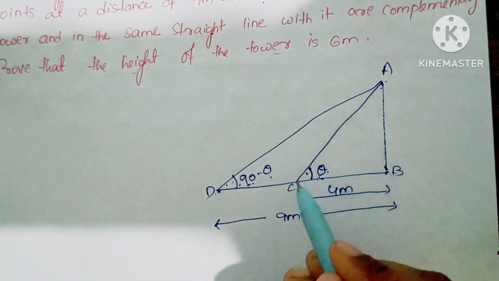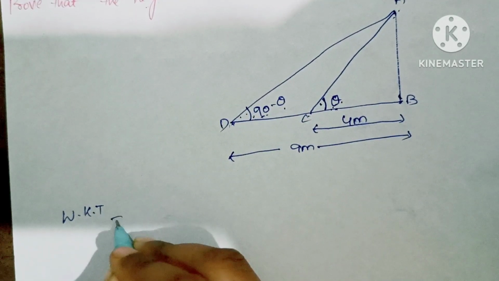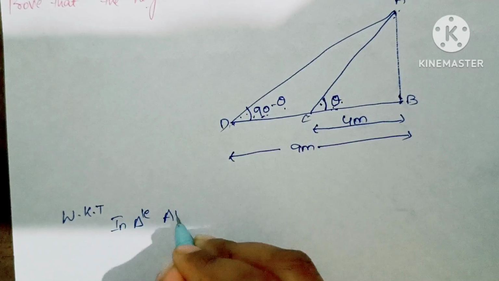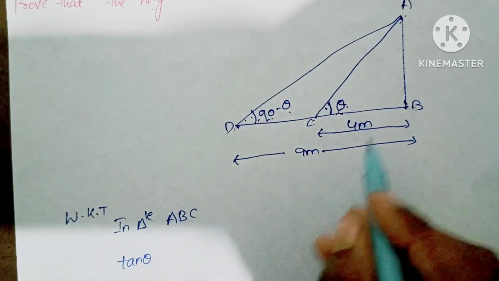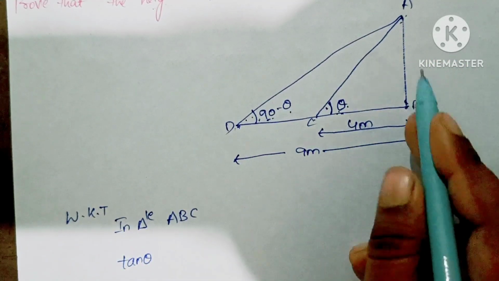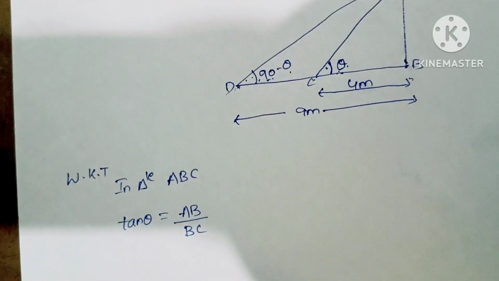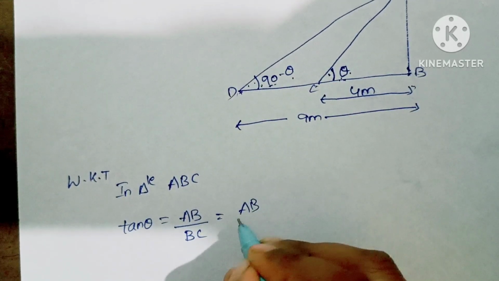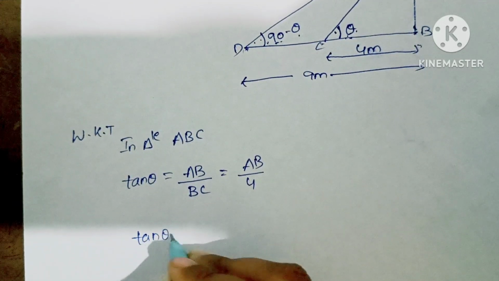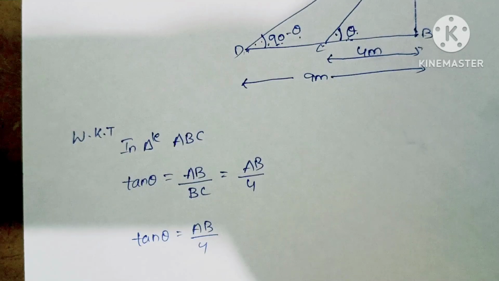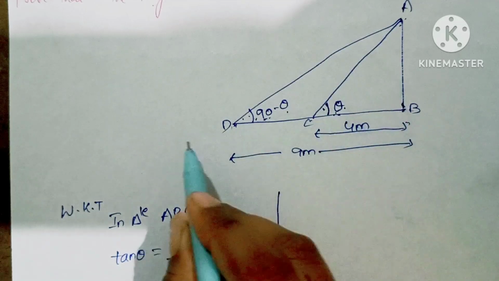First let us take triangle ABC. In triangle ABC, tan theta equals opposite by adjacent, AB by BC, which is AB by 4. Next we take the full triangle ABD.